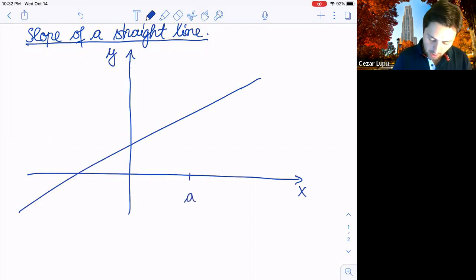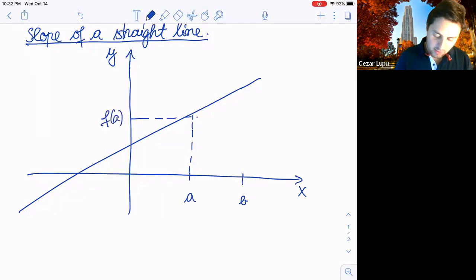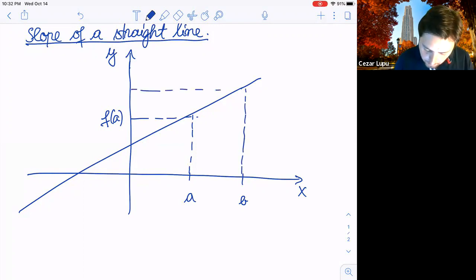Let's say we have here a, and here f of a, which will be a point on the line. And let's say here we have b, and again this will be a point on the line, with f of b here.